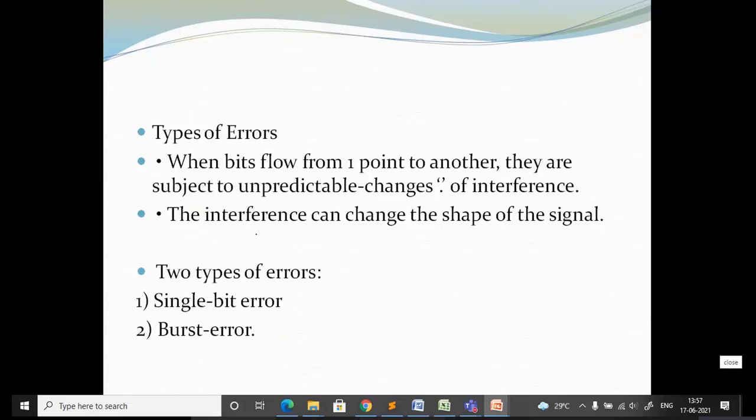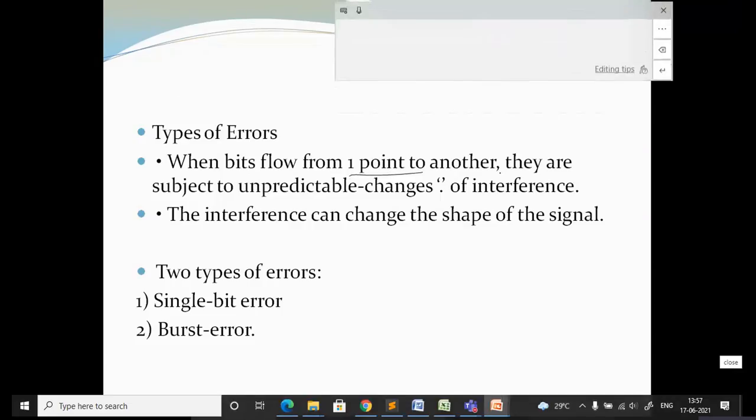There are two types of errors mainly. When bits flow from one point to another point, they are subjected to unpredictable changes. You cannot know what changes are happening, or how much changed in the received data.